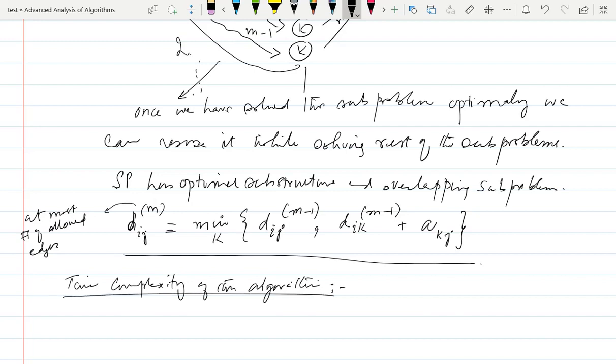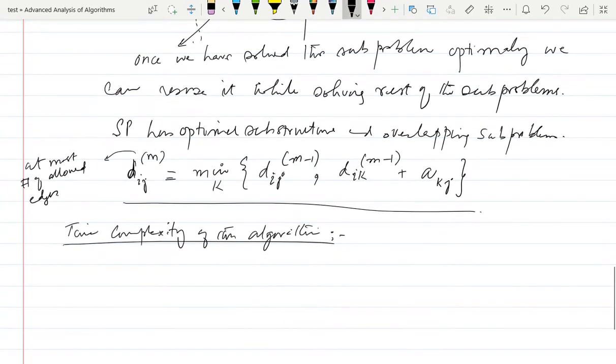In short, we want to say, is there any improvement from big O of V4, which was the time complexity of solving this problem using Bellman-Ford. So this is what we have to see.